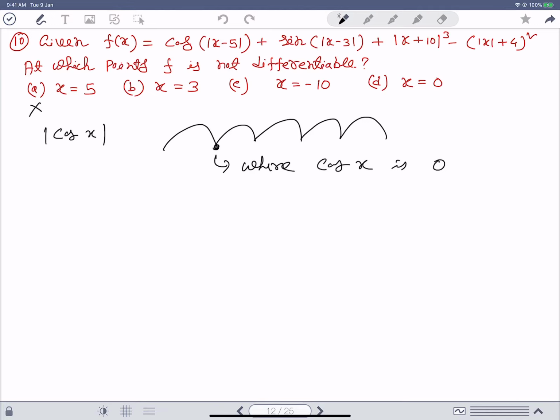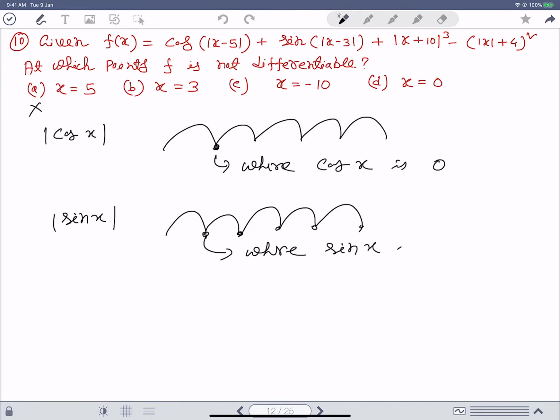So, this will not be the case, but again when we have sin x, now this will be the problem. Now, again these are the problems where sin x is 0. Now, we know that sin x is 0 when x equal to 0, right. So, therefore, this will be a problem here.